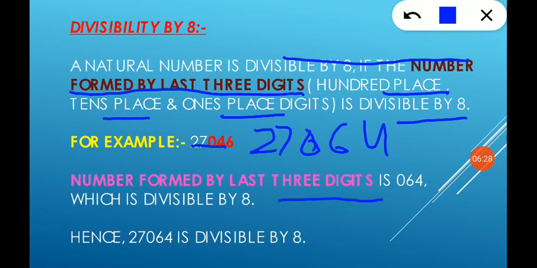What are the last 3 digits? 064, that is 64, and 64 is divisible by 8, so this number 27064 is divisible by 8.